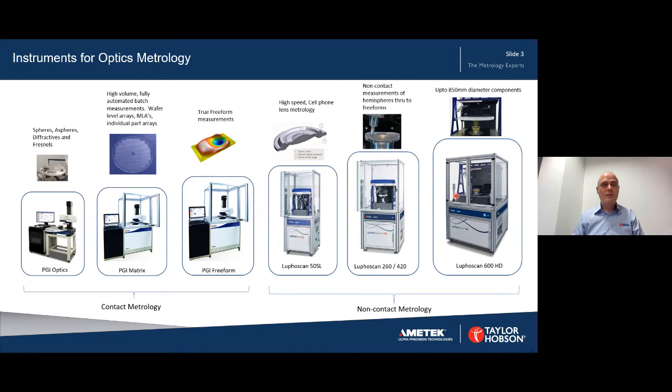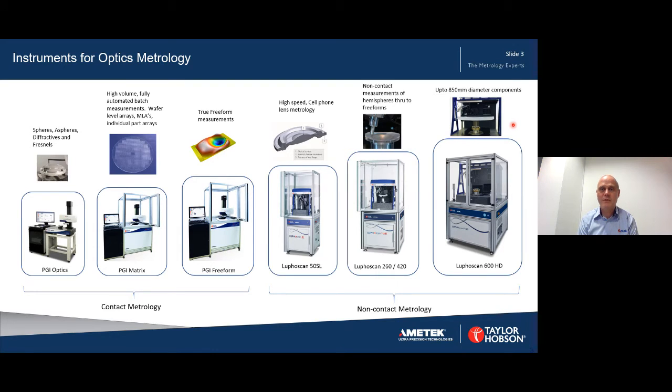And then something again which is quite exciting is another new addition to the family. So we've done small at one end, now we're going for the big end, and we can do 600mm diameter optics on the Lufascan 600, which is quite a large measurement capability. But going one step beyond that, for the end of this year, we'll actually have the first 850mm diameter capable instrument available as well.